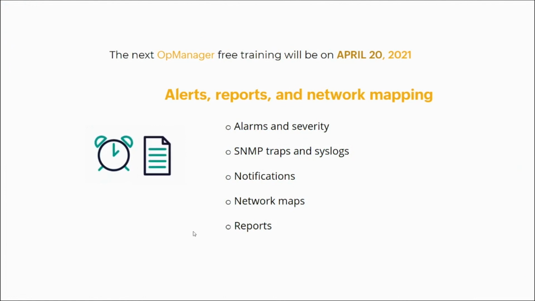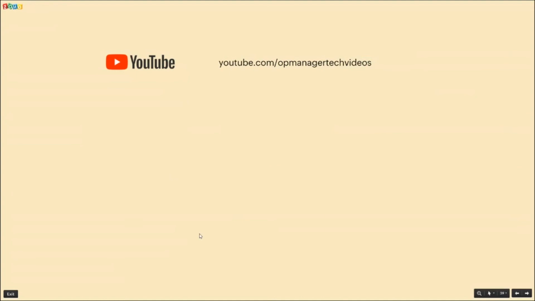We look forward to you attending part 3 of the OpManager webinar, where we will be seeing the following topics in detail: alarms, SNMP traps, notifications, network maps, and the reporting capability of OpManager itself.